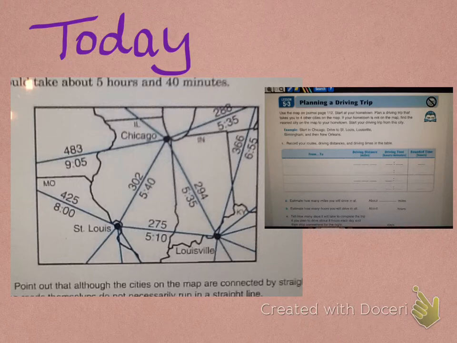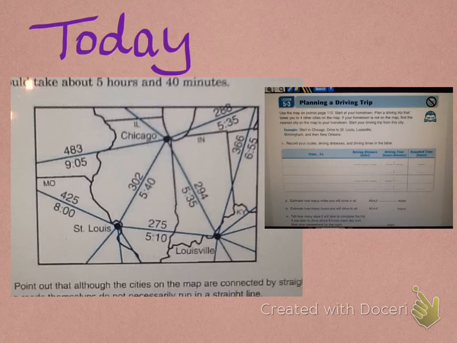But since we're talking time, we're going to think about the hour being 60 minutes, so half of that would be 30. So anything 30 or above, we're going to round to the next hour. If it's less than 30 minutes, then we will keep it at the same hour. Okay, so let's look at another one.